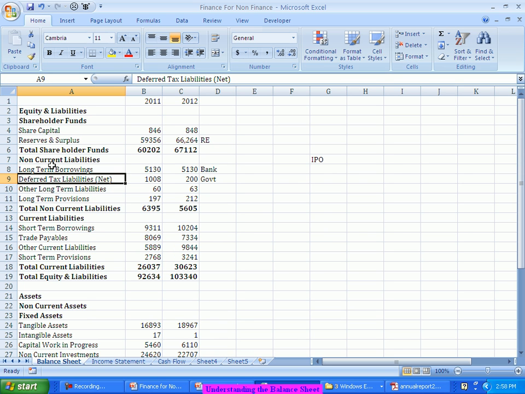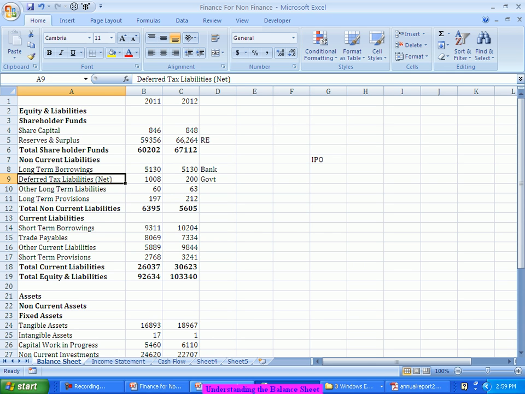If you are paying more than what your financial statement is showing, you call it a deferred tax asset. If you are paying lesser, you call it a deferred tax liability, because you still have to pay. Paying lesser means you still have to pay more, which is like a liability. If you have paid more than what your financial statement is showing, it is more like an asset for you.